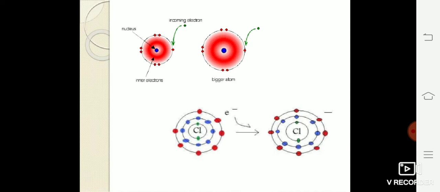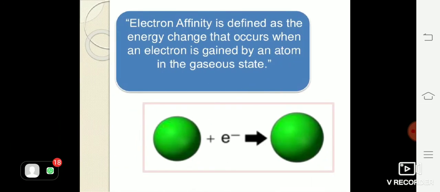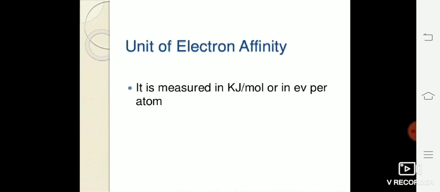When chlorine accepts this electron, there is an energy change which takes place. Now gaining an electron is easier when atomic size decreases, because the effective nuclear charge will increase and hence the acceptance of electrons will be easier.